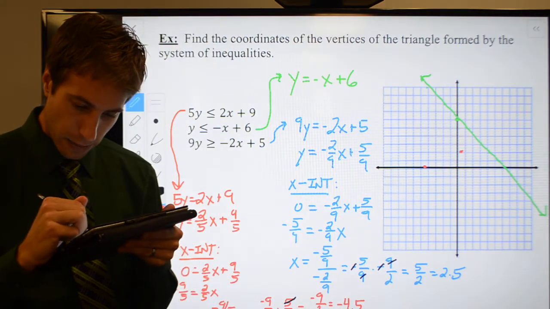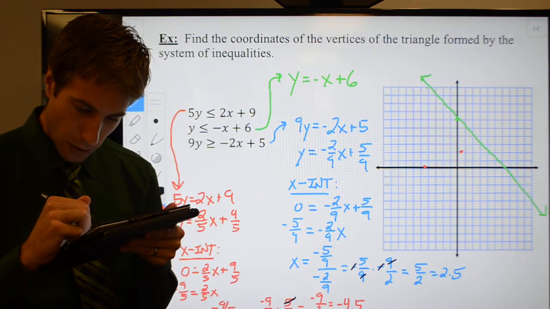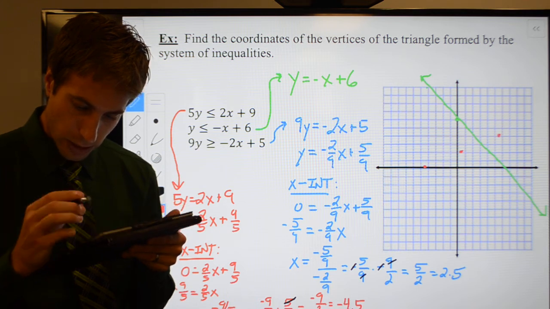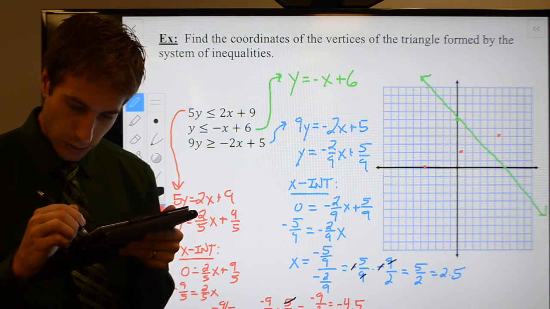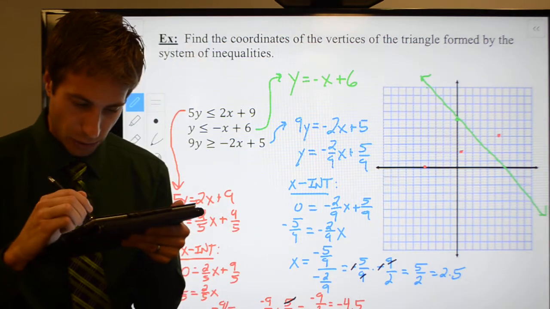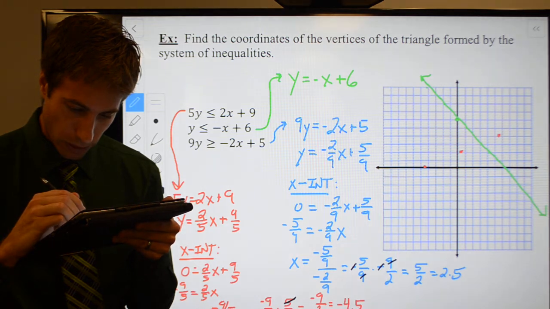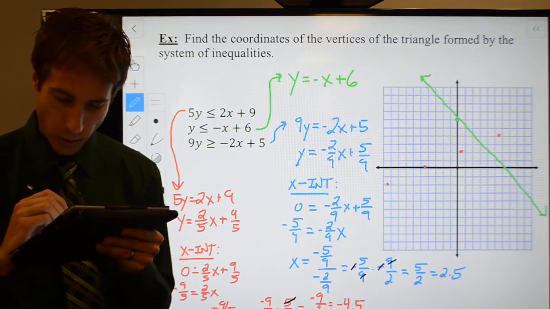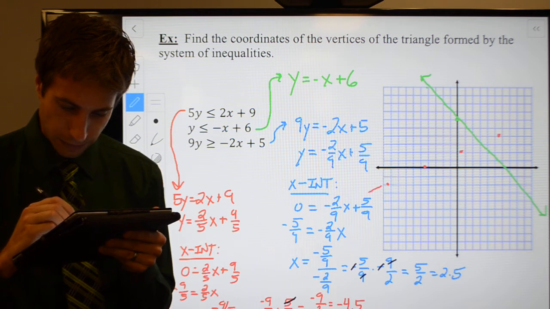Do it again. Up 2 over 5. 1, 2, 3, 4, 5 puts me right in between those guys. Oh, I can't fit another one. Oh, we can go down 2 and back 5, though. Let's do that. Down 2. Oh, yeah, that one just fit. Awesome, I love it. Okay, so solid line.